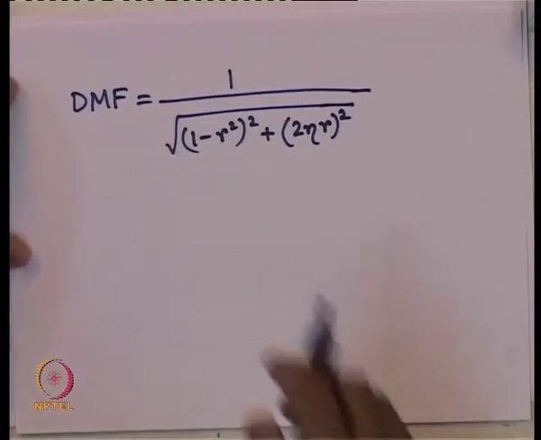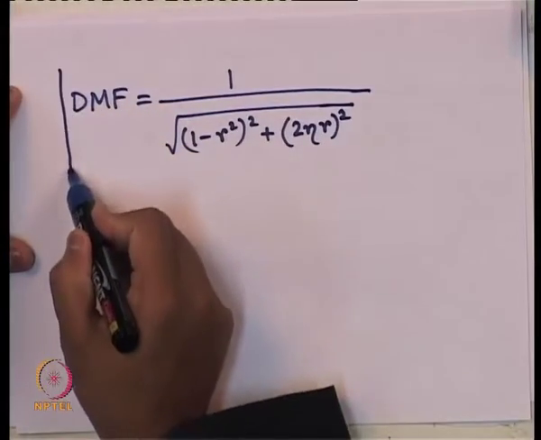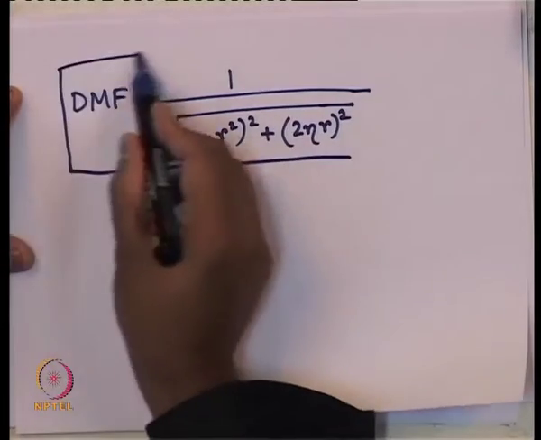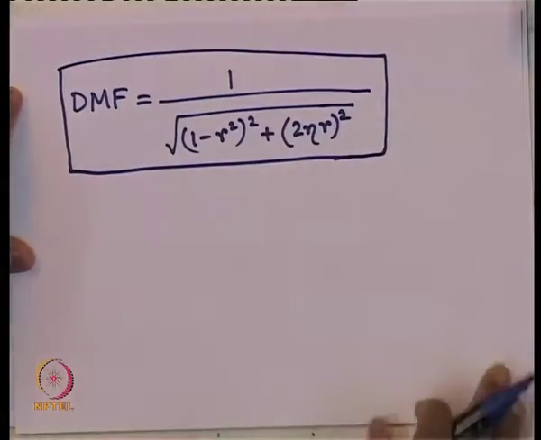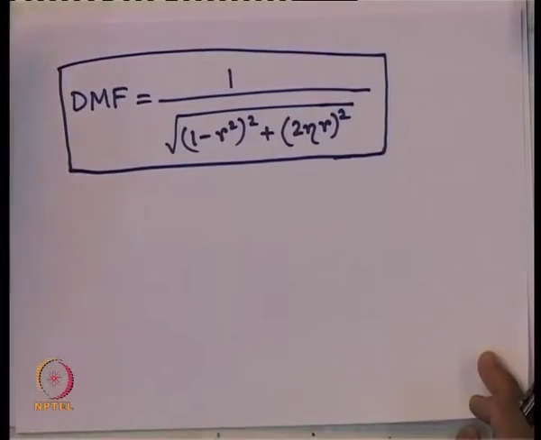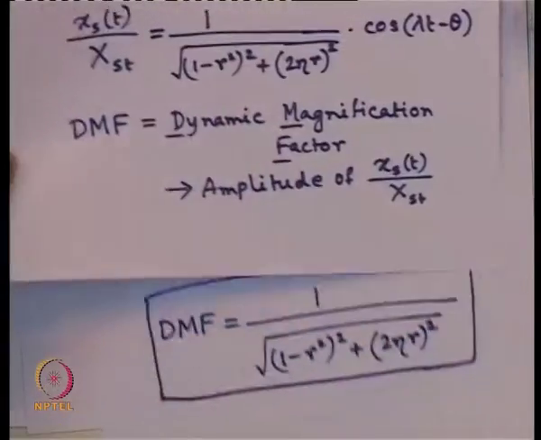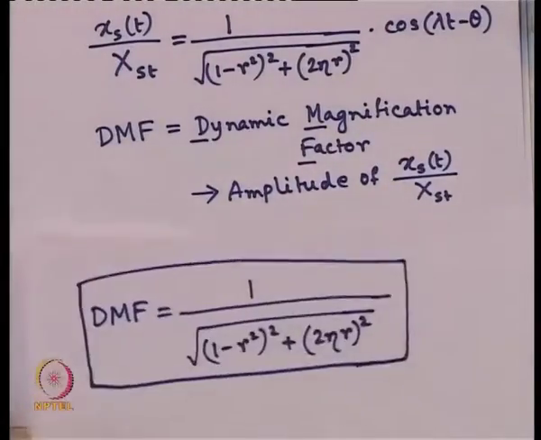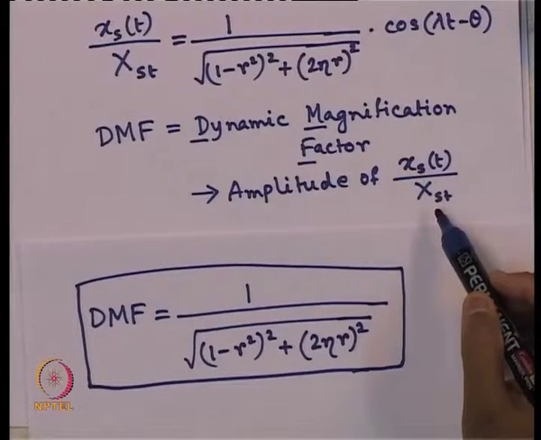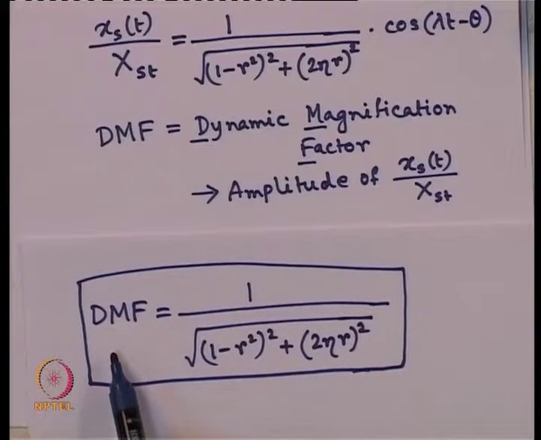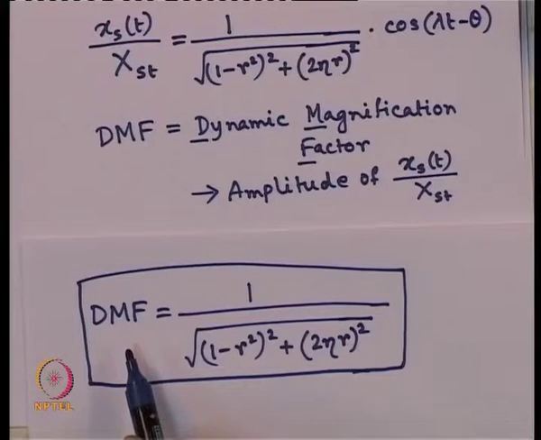This parameter is extremely important. Why? Because it gives us the idea that under the dynamic load, how much the displacement will magnify compared to your static displacement. So, that is why this terminology DMF is extremely important for any engineering design.